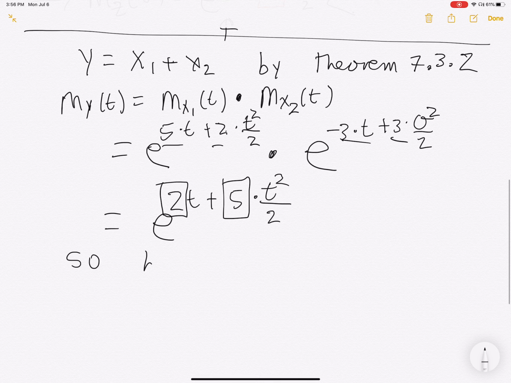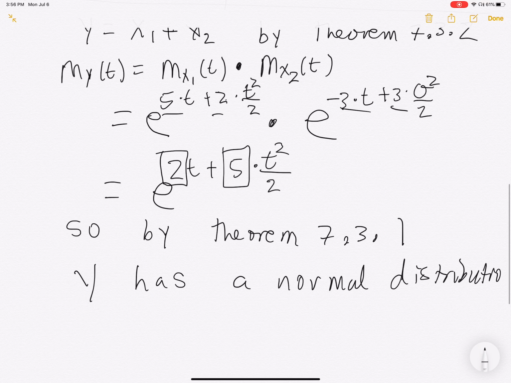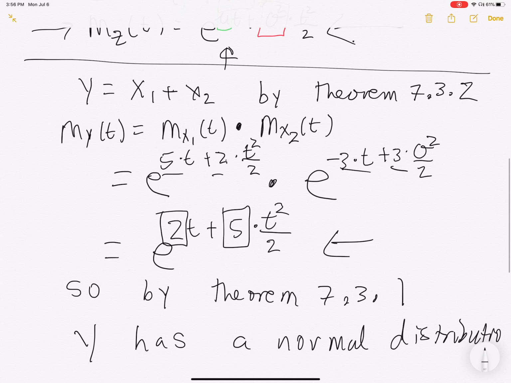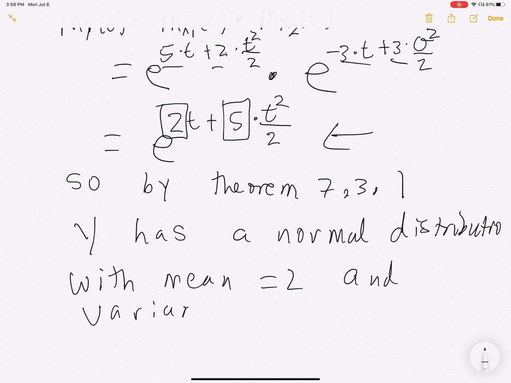So by Theorem 7.3.1, Y has a normal distribution because it fits the normal distribution profile with mean equal to 2 and variance equal to 5.